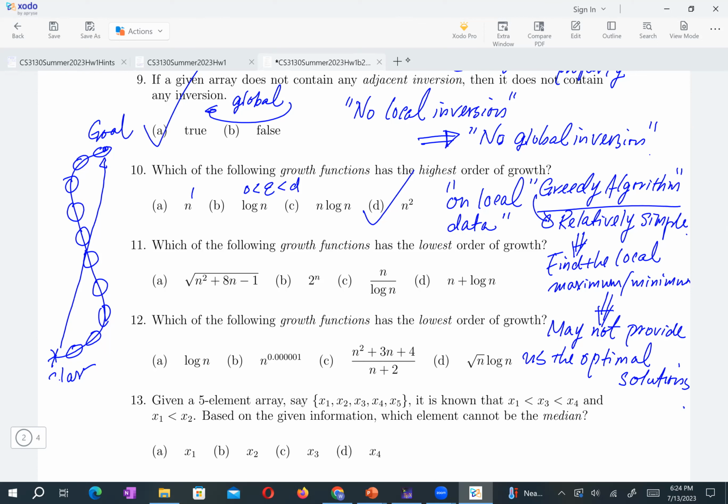So this one is order 1 plus epsilon, and this one too. So 2 is the highest. Then the second one, lowest. What's going to give me the highest?